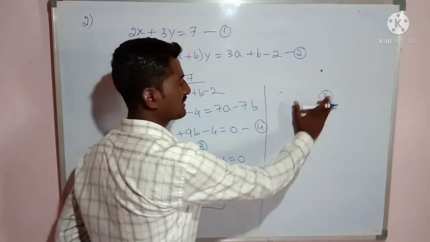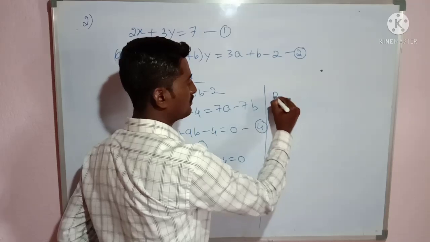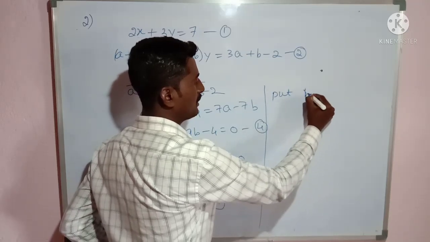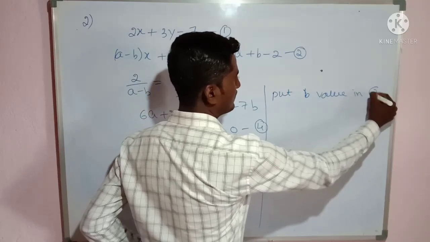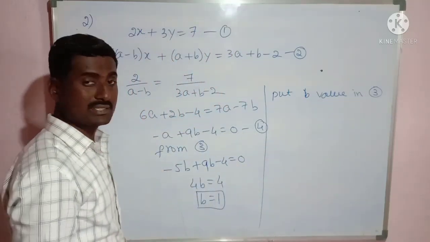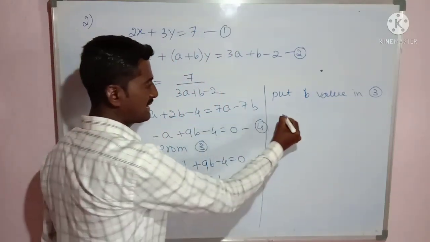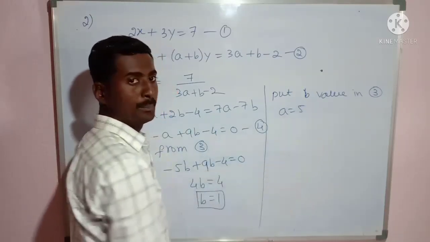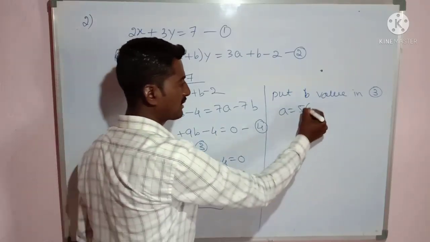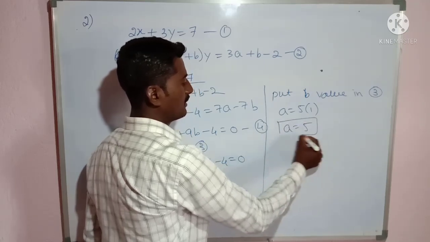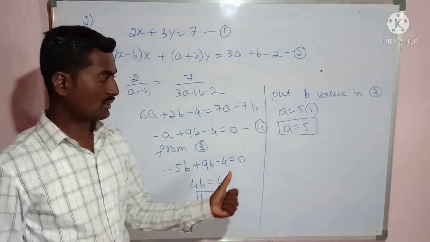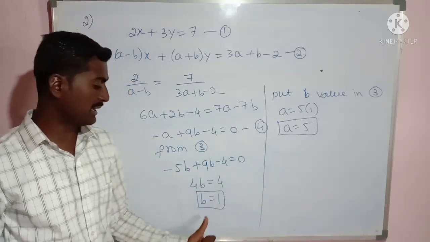Put b value in equation number 3. Now a equal to 5b is there. A is equal to 5 into b. B is nothing but 1. So here a value is how much? 5. So the value of a is 5 and b is 1.